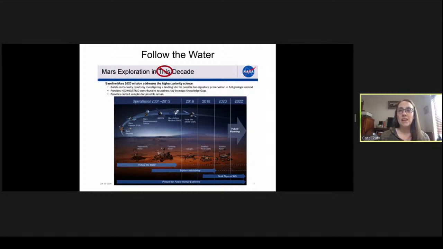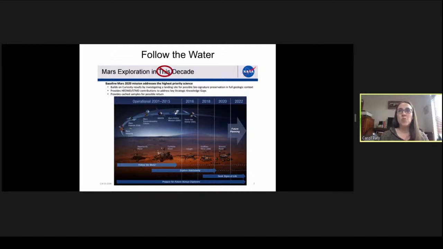ExoMars on this slide has actually slipped to a 2022 launch. But otherwise, this roadmap for Martian exploration was really dictated by following the water, then looking for and exploring habitability on Mars, and then looking for signs of life.